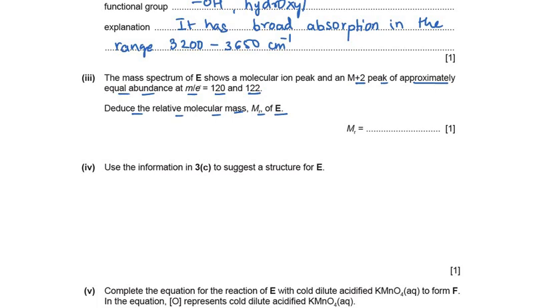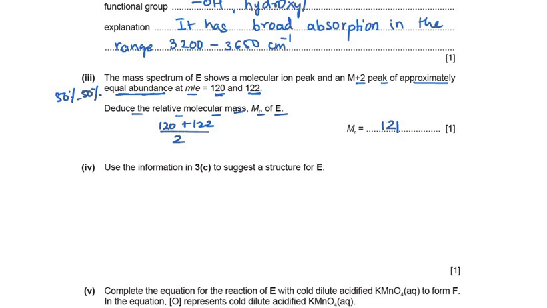It says that the mass spectrum of E has two peaks at 120 and 122 and both of equal abundance. So you can say that the abundance is 50-50% each. So we directly take 120 plus 122 divided by 2 and we get the answer as 121. Because the abundance is equal, we can directly take the average.